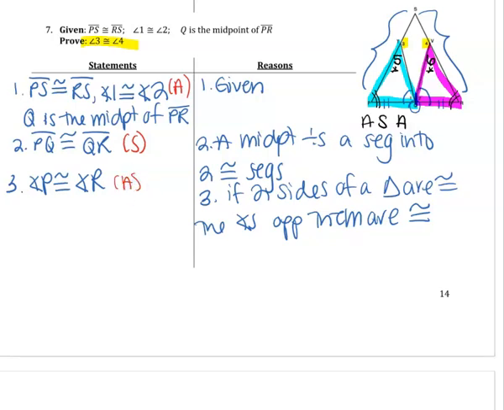I've talked about everything I need to talk about. So now at step 4, I can say my triangles are congruent. So make sure you're saying it in the corresponding order. I'll say TQP and VQR.